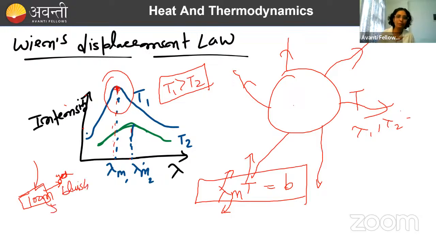Why bluish? Because at very high temperature, it is generating energy that falls mostly in the blue region. That is why it looks blue. This means if temperature increases, the wavelength of maximum energy generated will be lower.